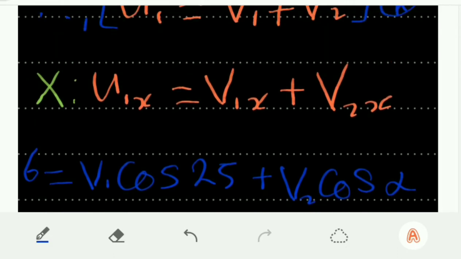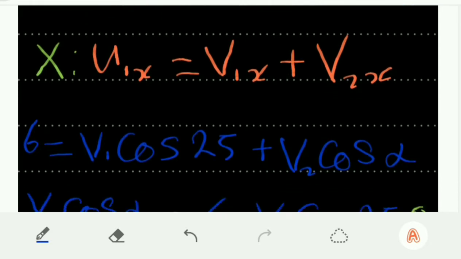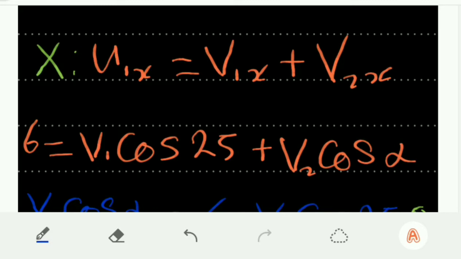Here, u1x is 6 because the ball was initially moving in the x direction, and v1x is going to be v1 cos 25, because this is the angle it's making with the x-axis, or rather the original direction. And v2x is going to be v2 cos alpha.